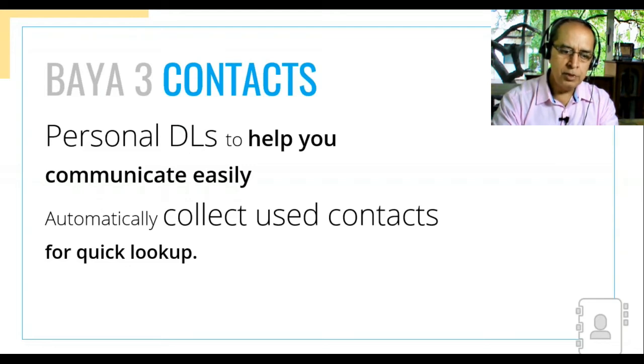So when I want to compose a mail, I can just simply refer the DL and it will put all the member IDs into the To or the CC or the BCC box. Big productivity boost, because you do tend to communicate with groups of people quite often. And another part of this is, as you use email, they are automatically collected into a separate contact list which is used for quick lookup.